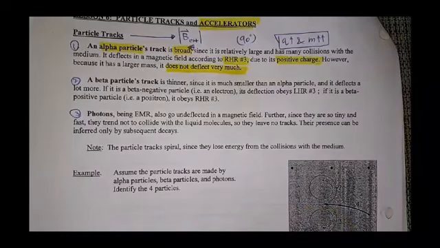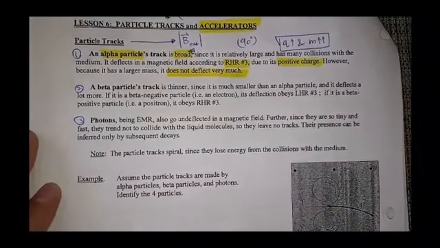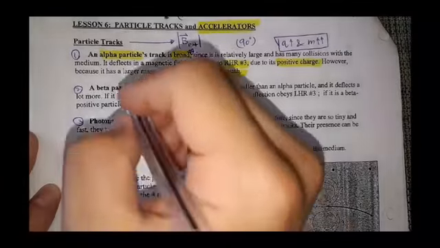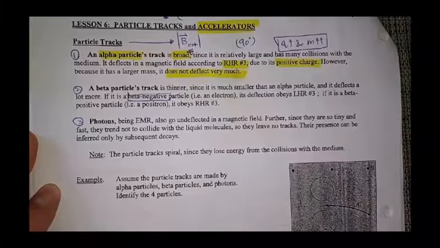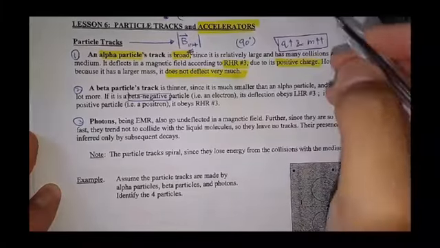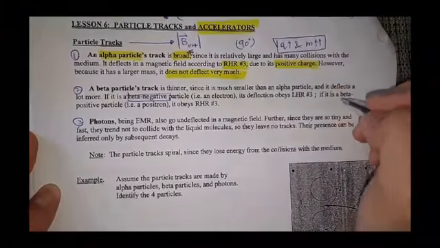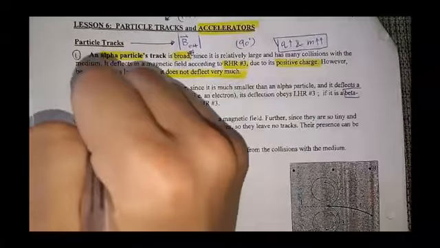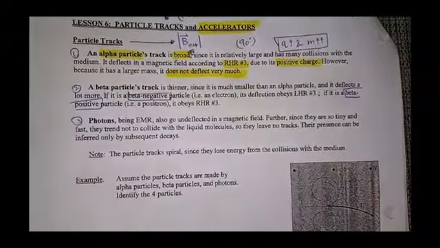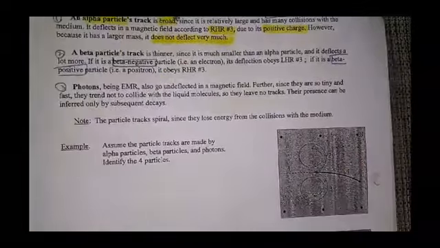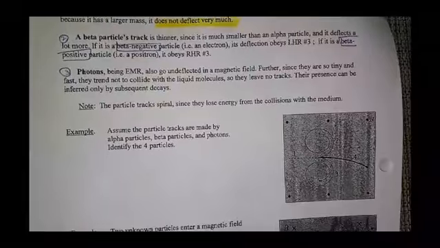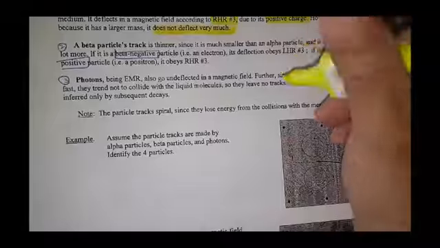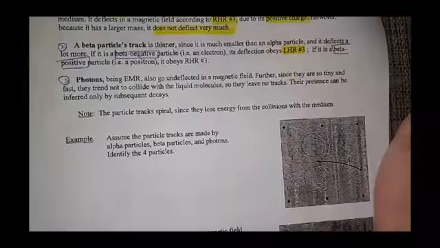Now, beta. You have two types of beta. Beta negative, which is a highly energetic electron, and beta positive, which is what we call a positron. So if we're talking about beta negative as a particle, then left hand rule.